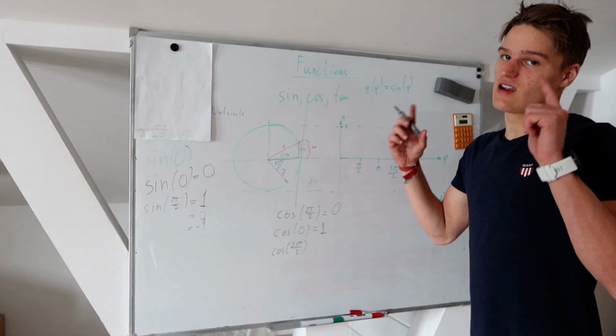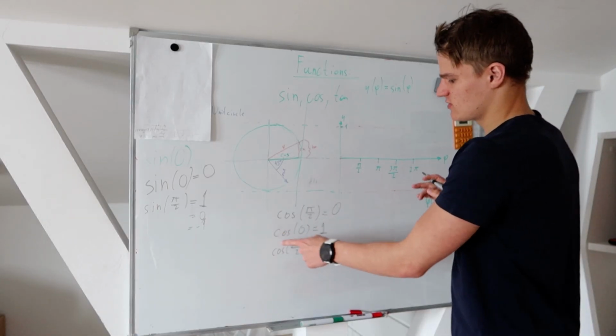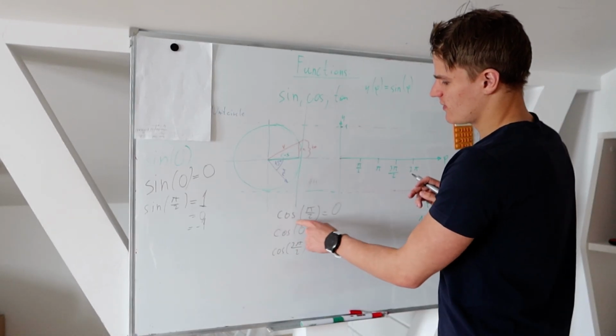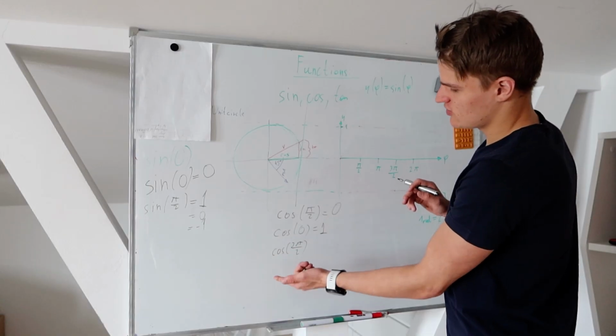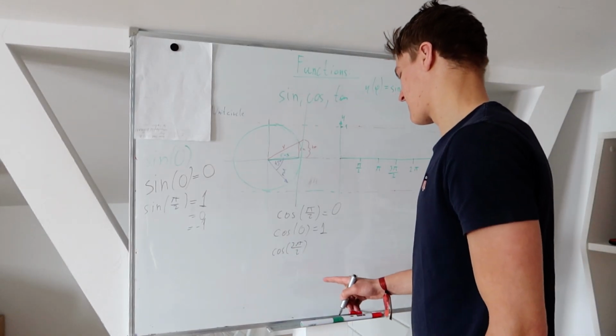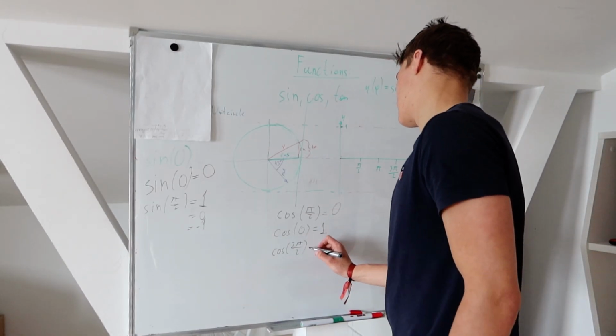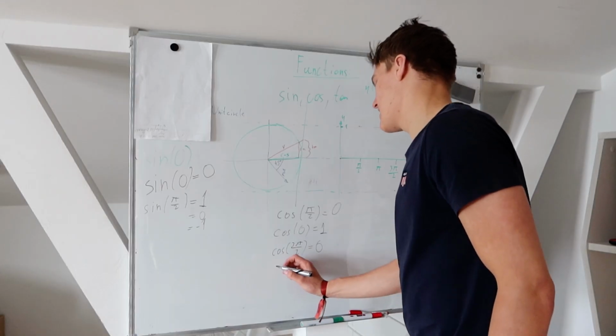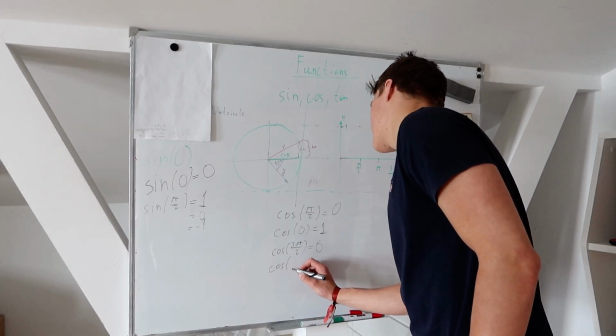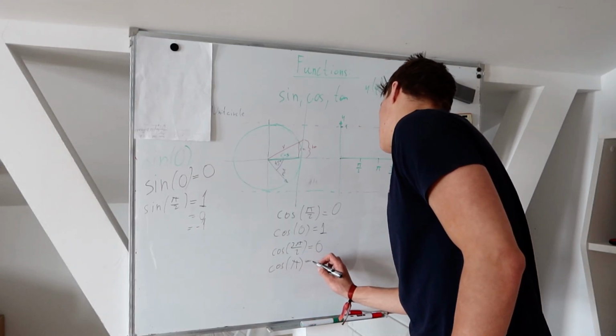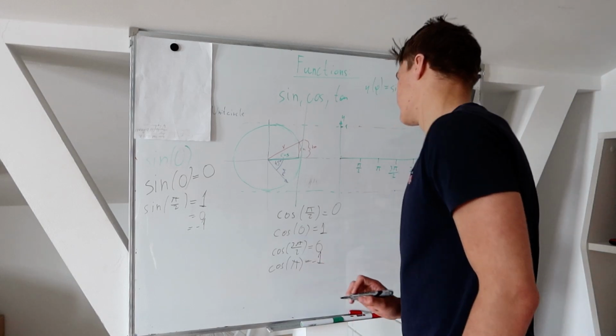So let's actually remember we have cosine of 0 is 1, cosine of pi over 2 is 0, and then we just have pi and then 3 pi over 2. So we have this is equal to 0, and then we have cosine of pi, which is just the cosine of 180 degrees, which is -1, right?